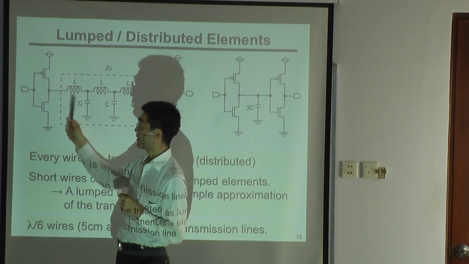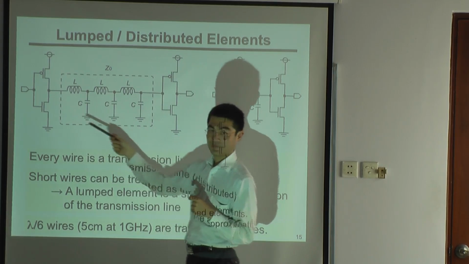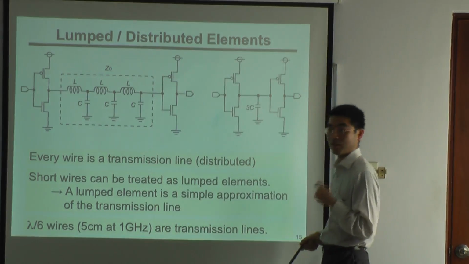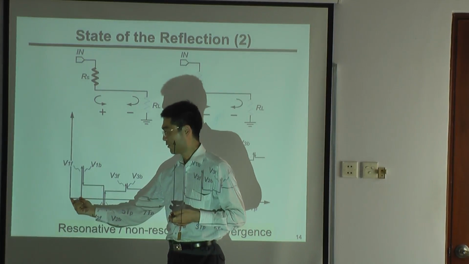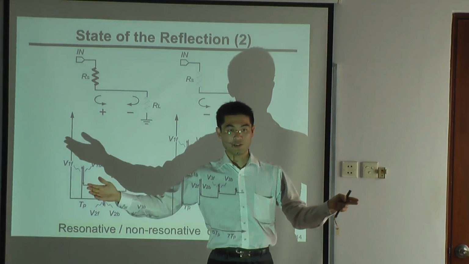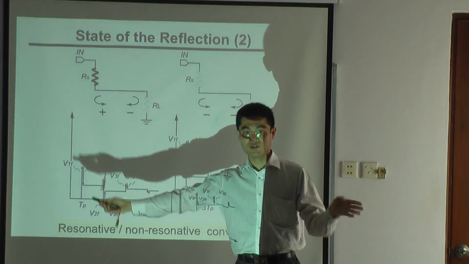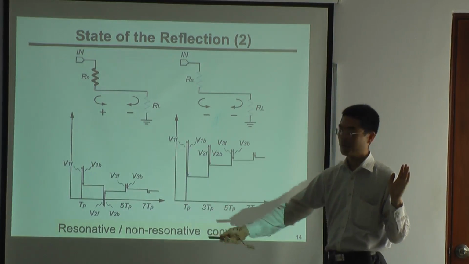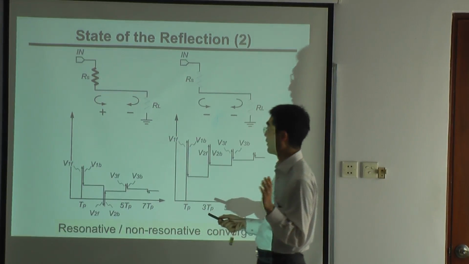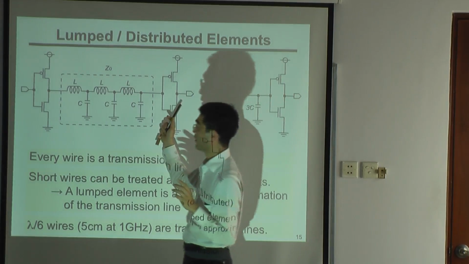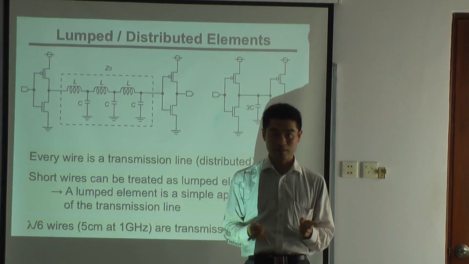So in this case, we have reflection and reflection and reflection, but the time here is proportional to the length of the wire. So in centimeter or meter wires, it takes picoseconds to nanoseconds. But in micron wires, it takes only femtoseconds.